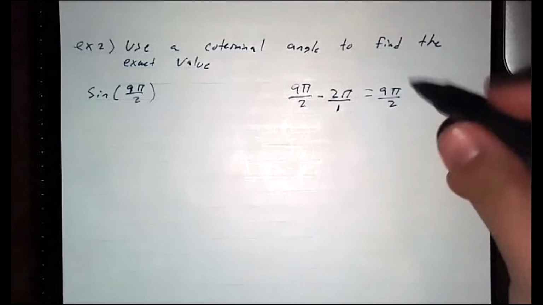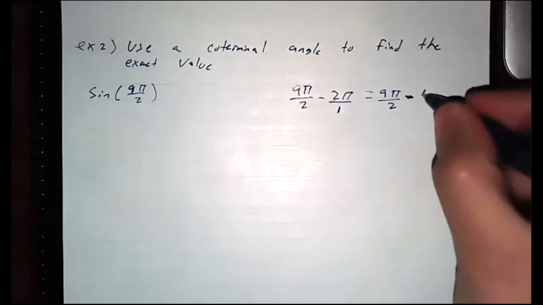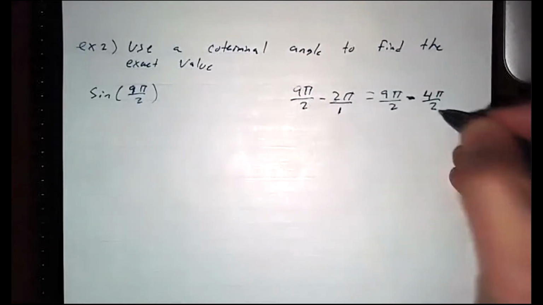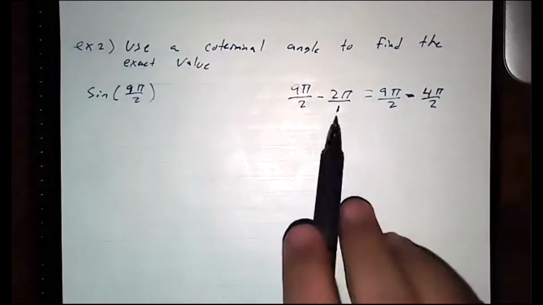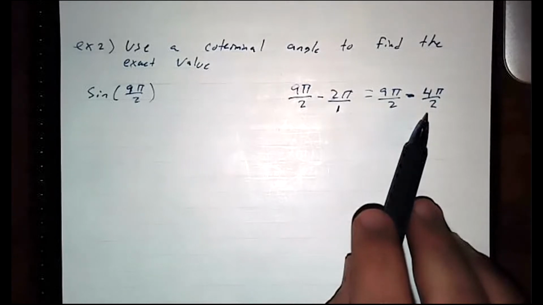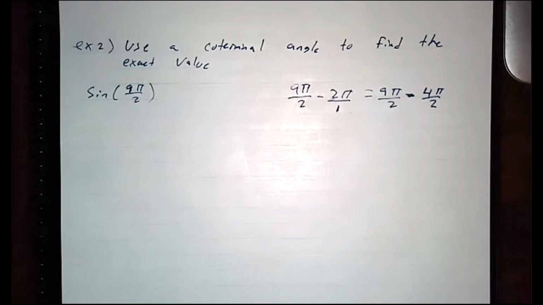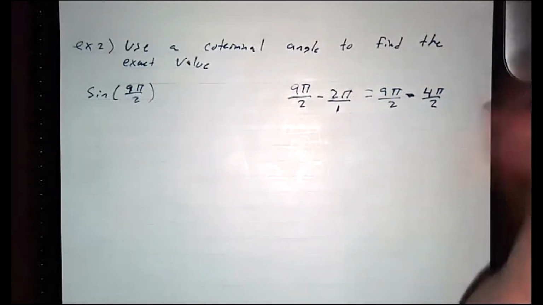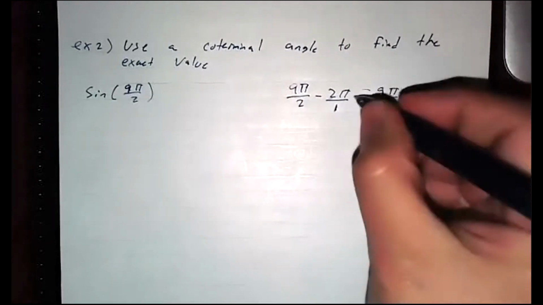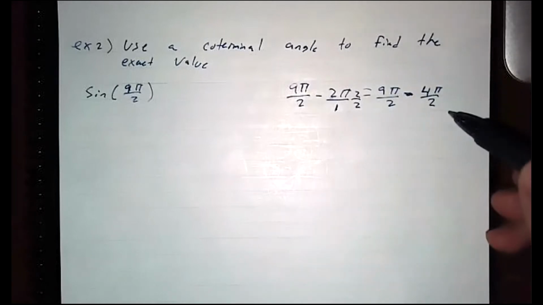That would give you 4 pi over 2. So 4 pi over 2 is the same as 2 pi. Now they're the same, and now you can subtract.